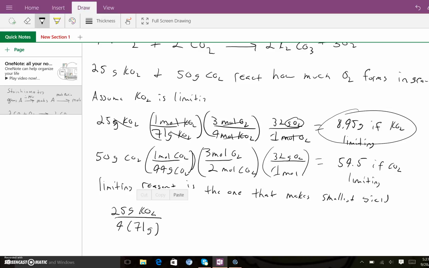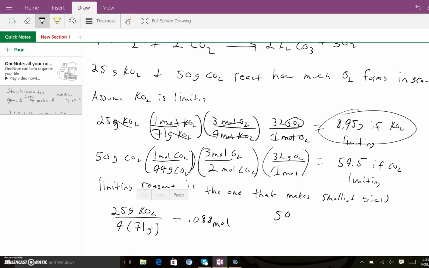We do that: 25 divided by parentheses 4 times 71. I come out with 0.088 moles. Basically what I'm doing is repeating the first part, but I'm just showing you a trick.